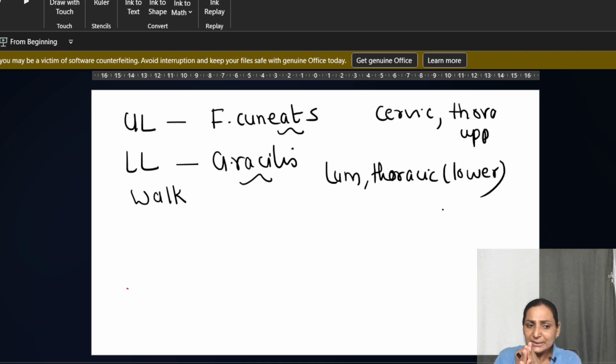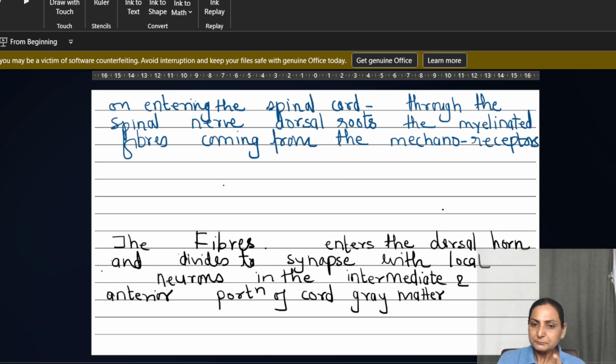Now let's detail the pathway. This is the basic pathway which I expect everyone should know, but now more detailing of the pathway. On entering the spinal cord through the spinal nerve roots, these are actually the myelinated fibers coming from the mechanoreceptors, that is the touch receptors, the Meissner's and the Merkel's.